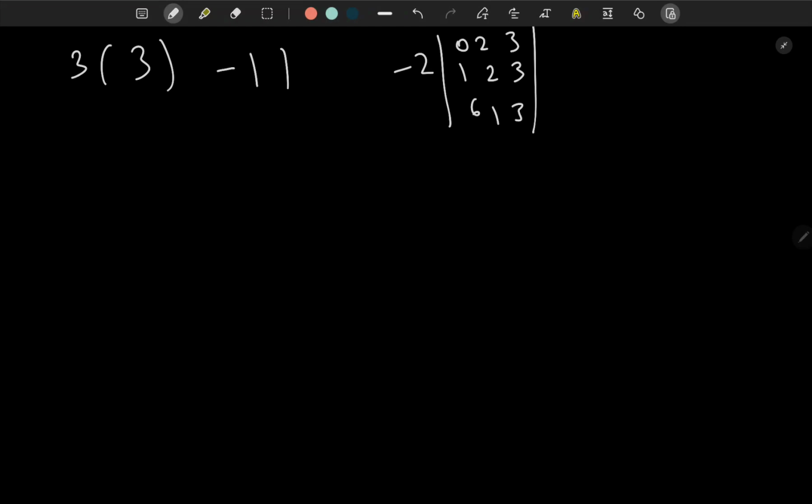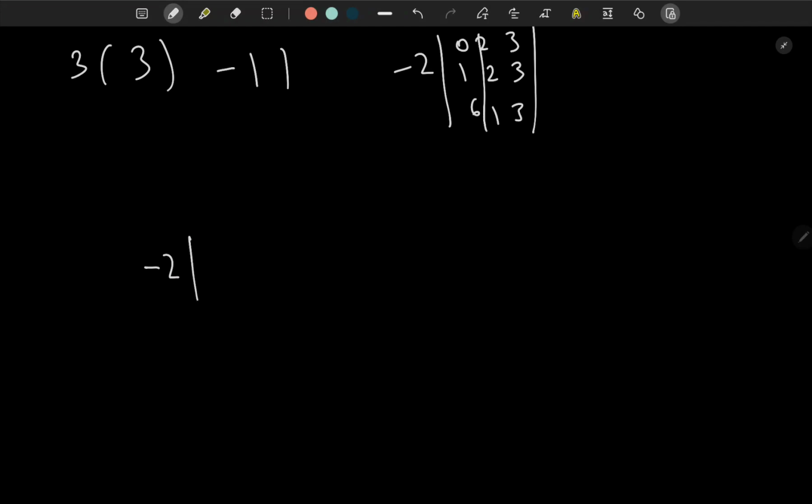And now our last matrix here is this one. Let's just choose the first row again, as it has a 0 there, and write it here now. So -2, the first coefficient is 0, so I'm just going to ignore that. The second coefficient is 2, and the sign of it is going to be minus, so -2, and then matrix open.